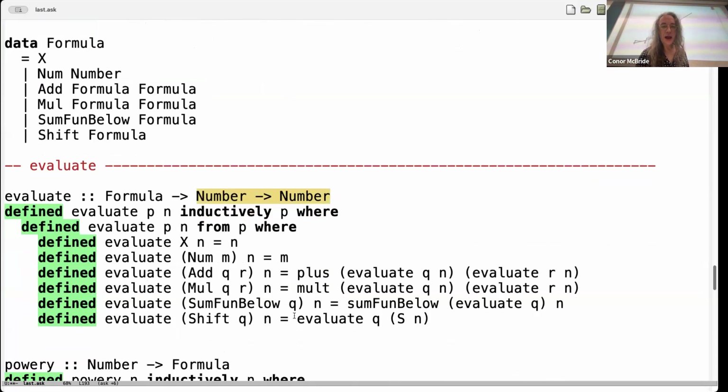And evaluate tells us how to turn a function into a formula. So the definition of evaluate is well worth a read. One of the things I really need to get across to you folk is that I need to teach you to read. Now, you all can read.